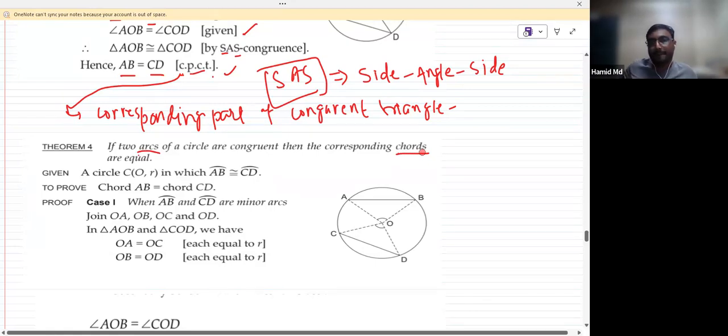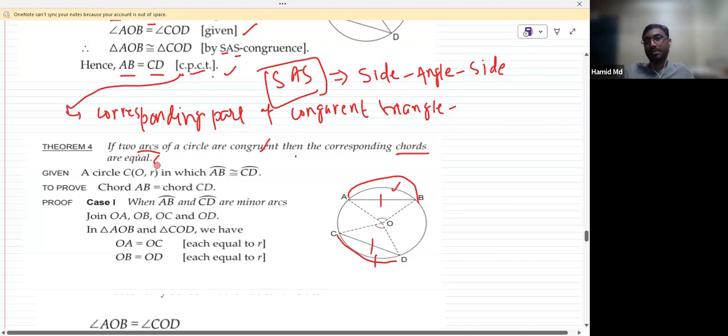The chord is the line AB and CD, and the arc is the circumference portion of AB and of CD. So if two arcs of a circle are congruent, then the corresponding chords are equal.